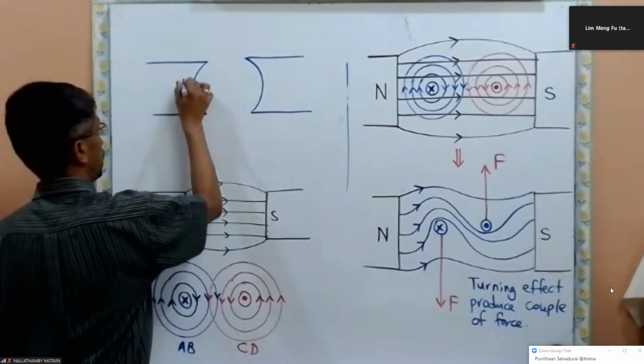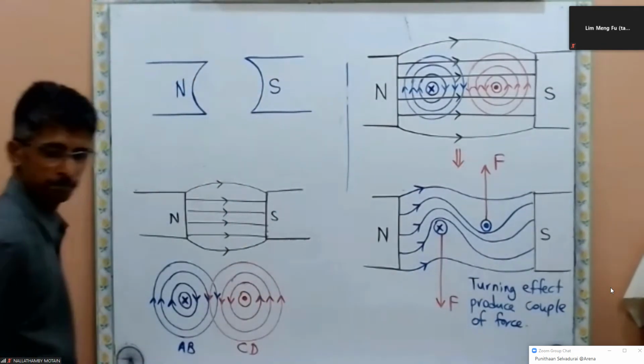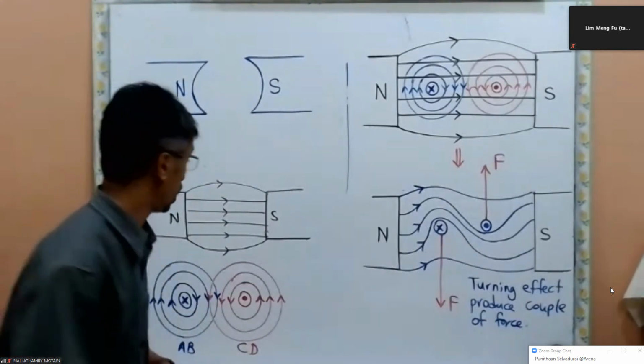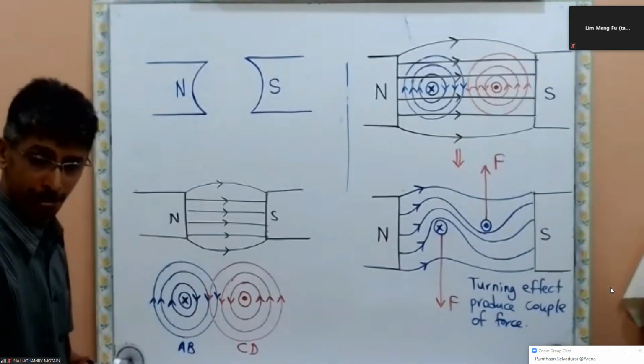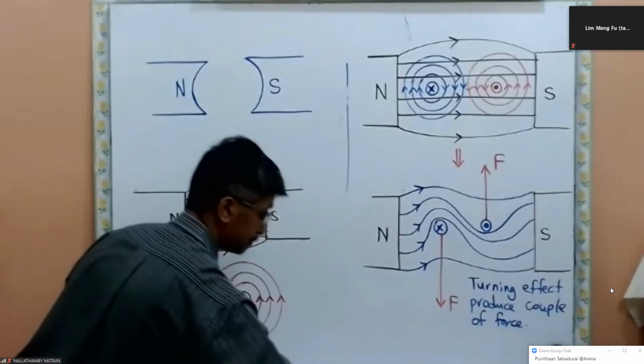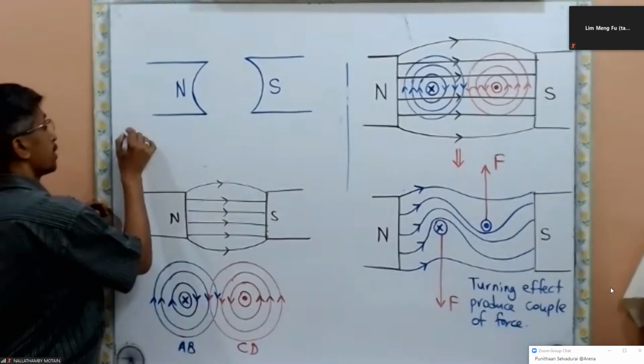Okay. Here, north, south. And what shape is the magnet? The shape of the magnet also can be one of the answers here. The shape of the magnet over here, we call it a curved magnet.